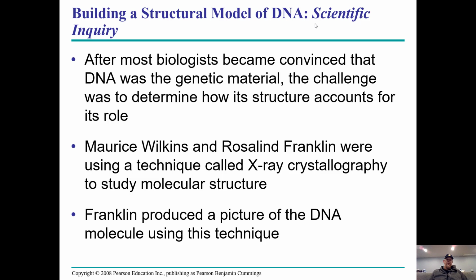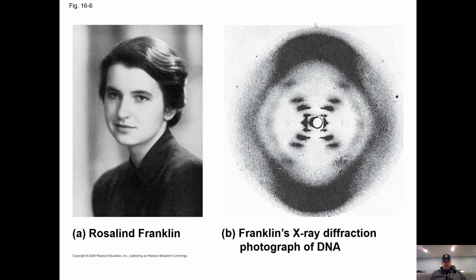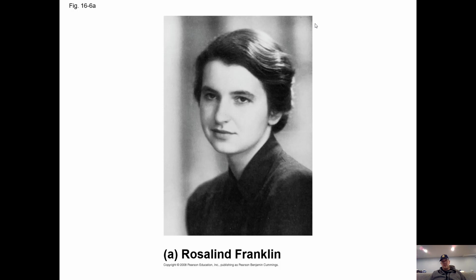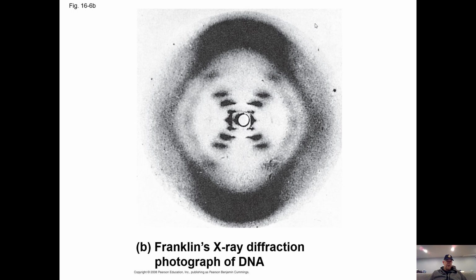But basically, Wilkins went through Rosalind Franklin's desk and grabbed her data and said, "Oh, I've got this photo right here that Rosie did of DNA crystals using X-rays." And this is Rosalind Franklin on the left, and her picture on the right, and I think this is called Photo 51.